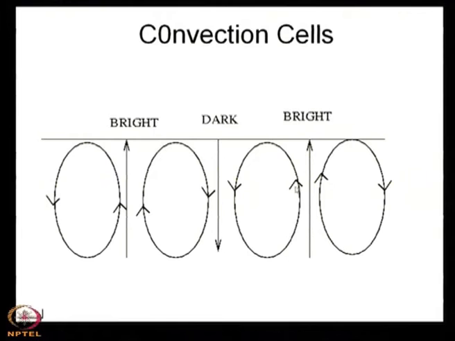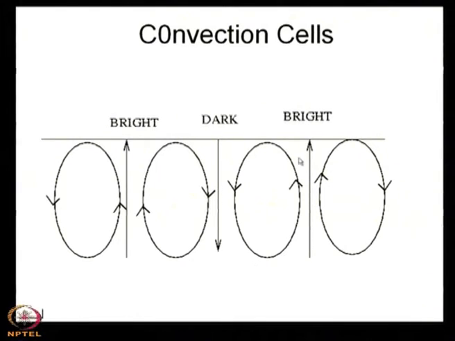Now, when you have such convection cells, just look at this region over here. In this region, there is hot fluid coming up, and then it radiates the energy over here and gets cooled, and then in this region you have cool fluid going down.